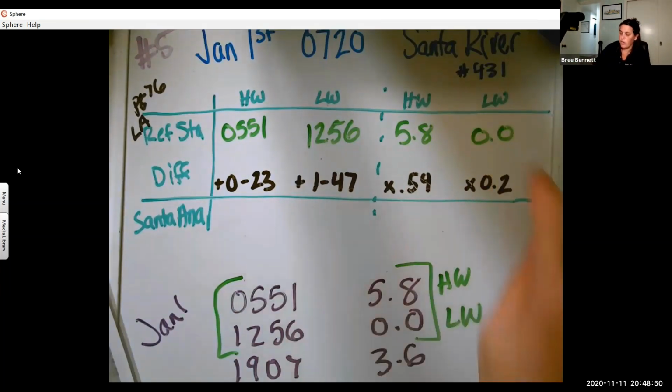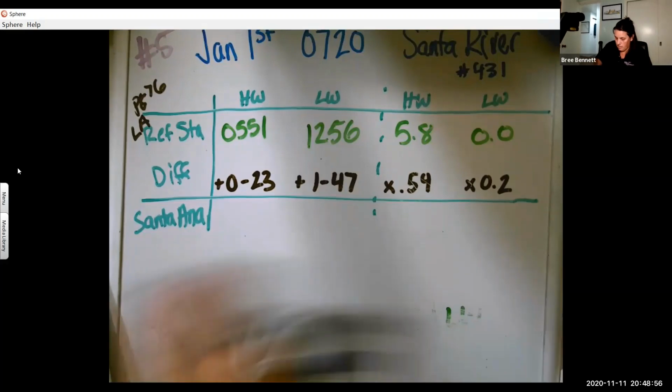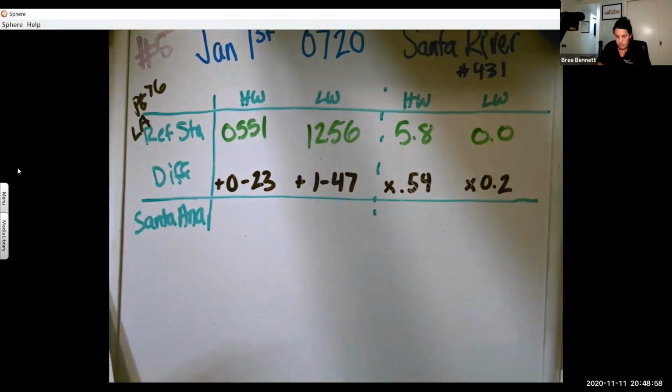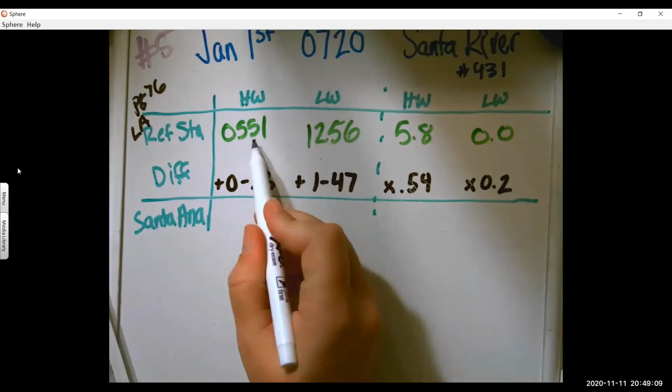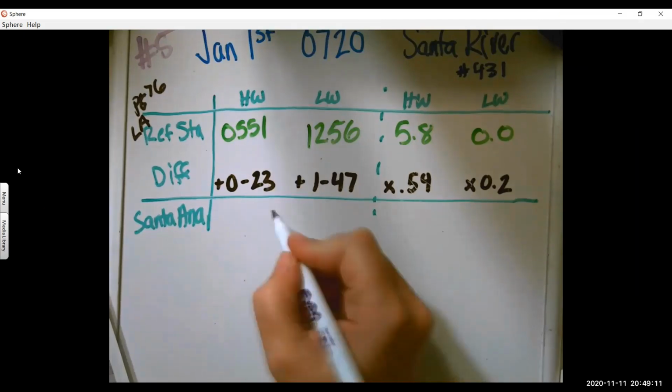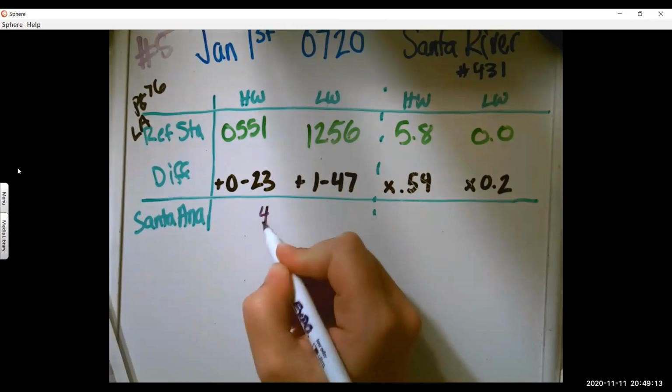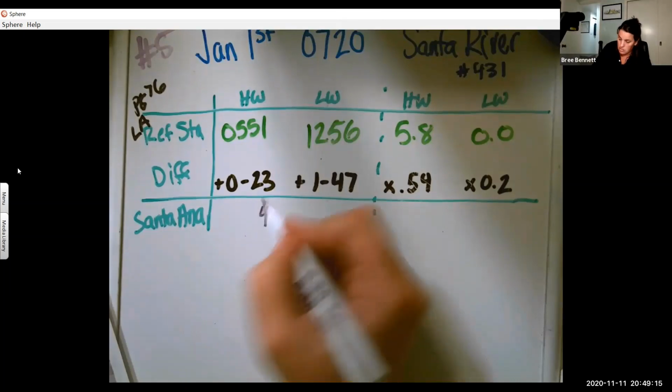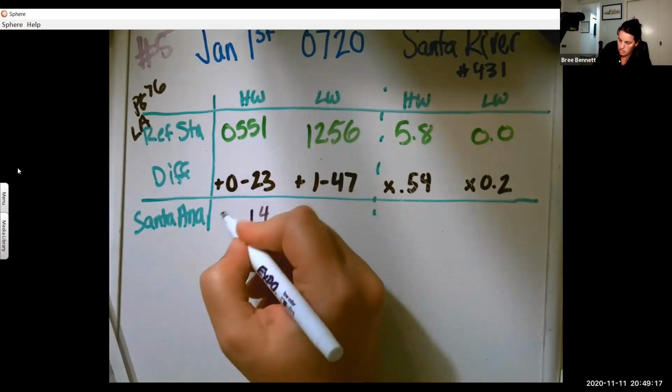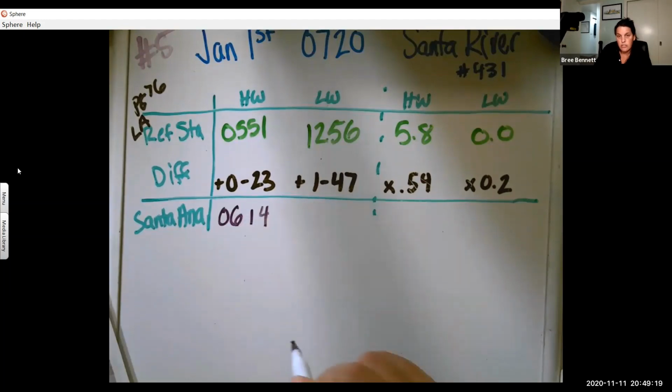So I have what's going on at my reference station, and I need to see what's going on at Santa Ana. So now I apply these corrections. I have 23 minutes, 70, that gives me a 1, carry 1, gives me 6, 0614.